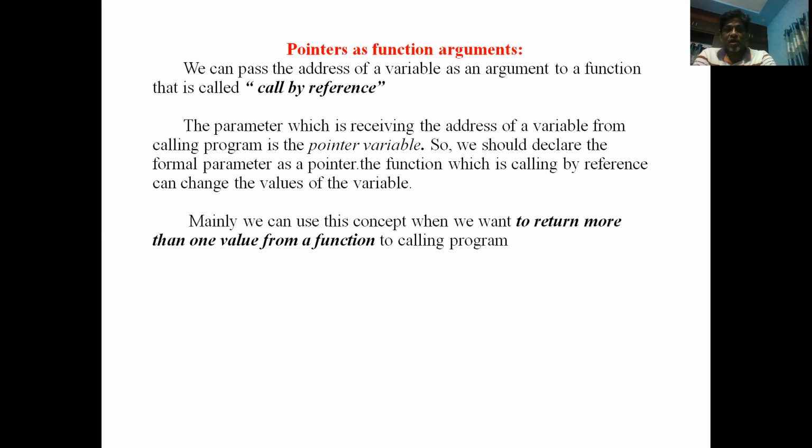Next concept is how pointers can be used as function arguments. This topic we will discuss in 5th unit, because when pointers are used as function arguments to catch the addresses sent by function calls, it is called call by reference.